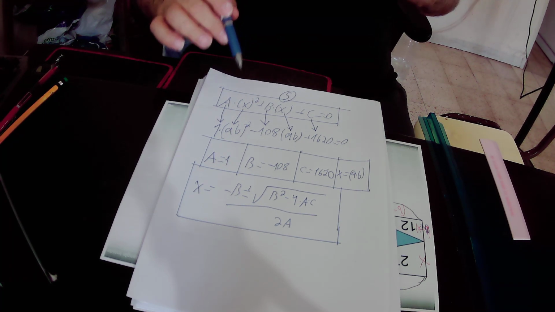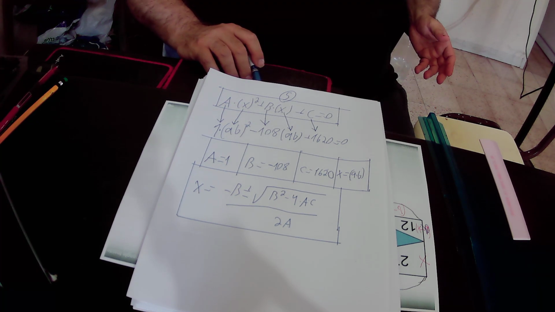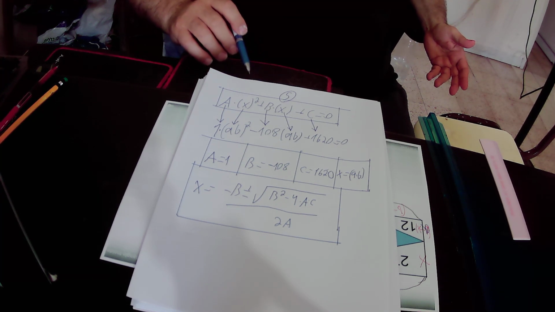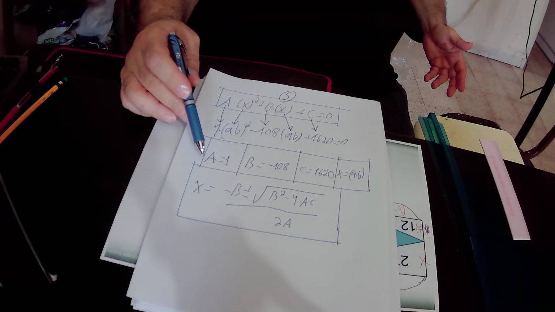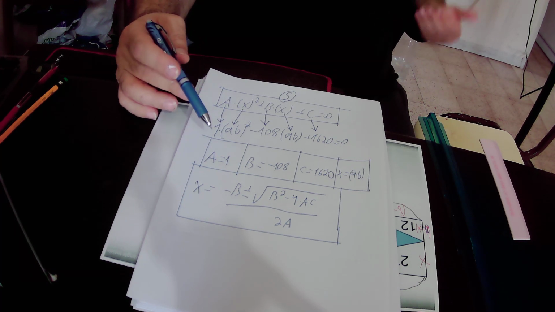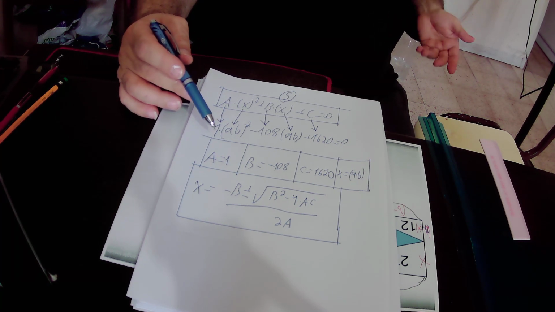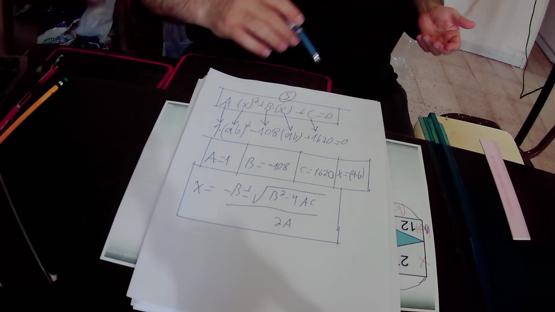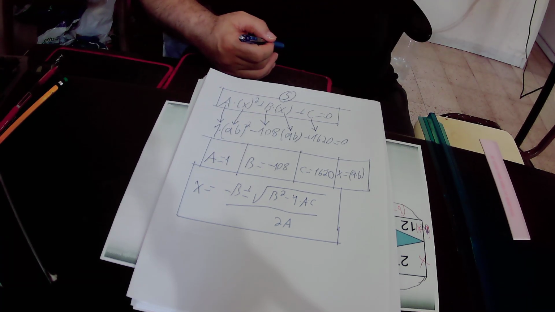We have already found the coefficients in our specific quadratic equation, so by solving this equation for x, we will find the values for A times B, because x equals A times B, and A times B, as I already told you, is the area of our rectangle.